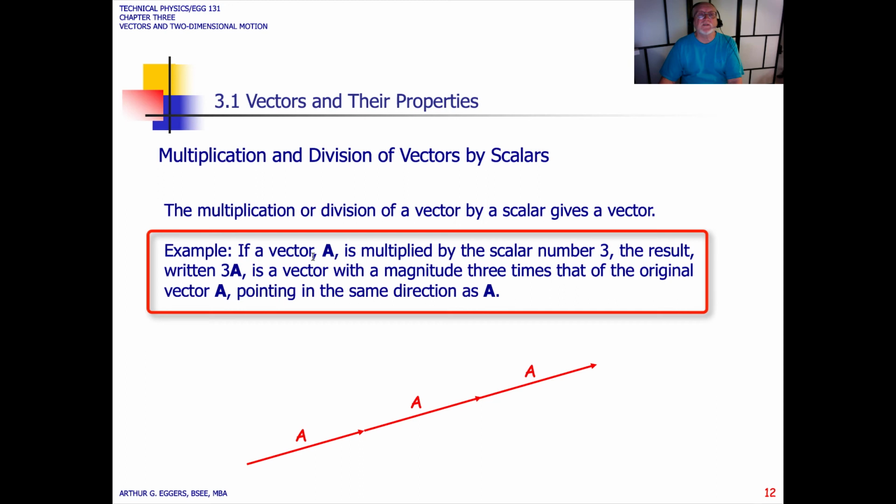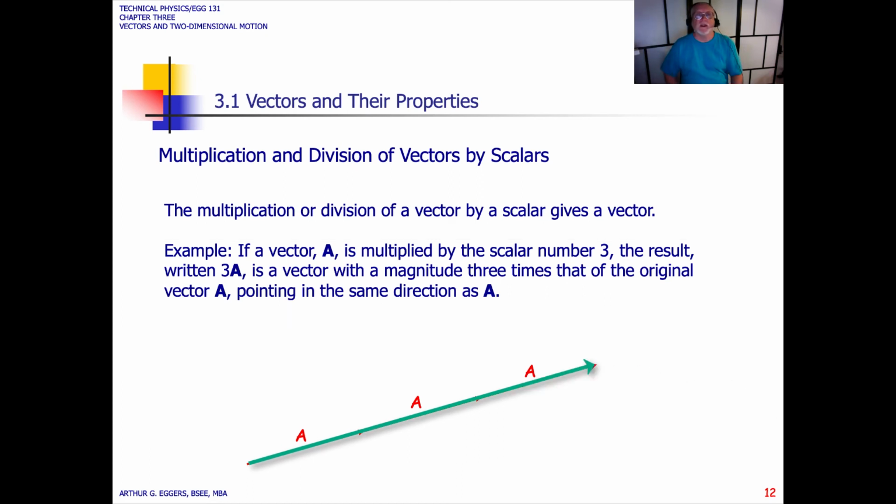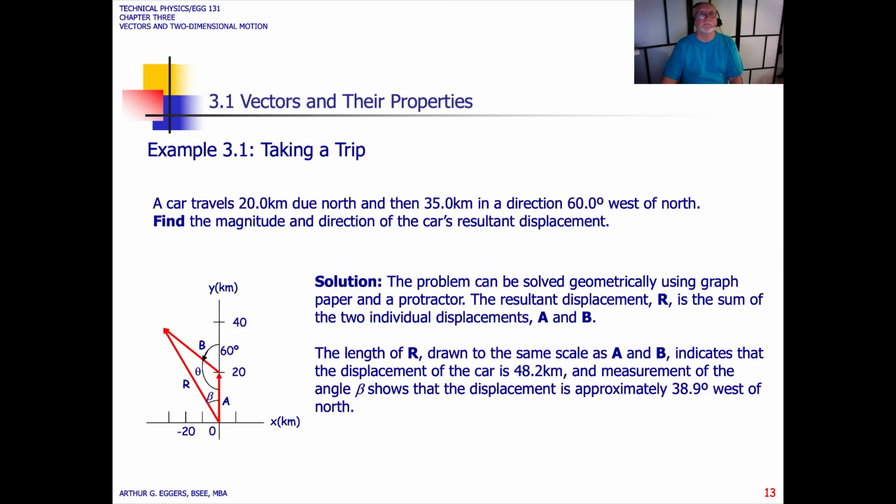For example, if a vector A is multiplied by a scalar number 3, the result would be written as 3A, or 3 times A. There's a times sign understood. And it's a vector with a magnitude 3 times that of the original vector A, pointing in the same direction. So this one would be A, this would be 2 times A, and this would be 3 times A. So the multiplication or division of a vector is a vector times or divided by that scalar.